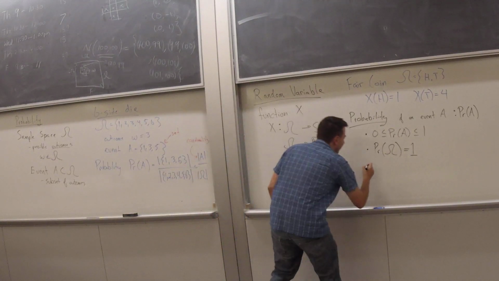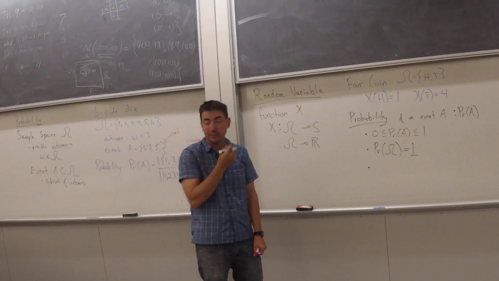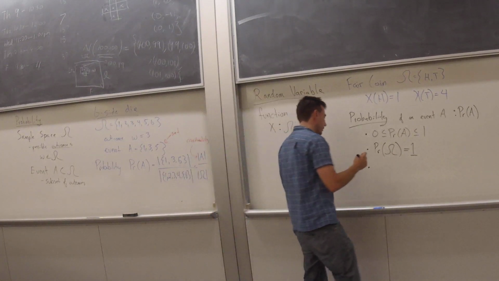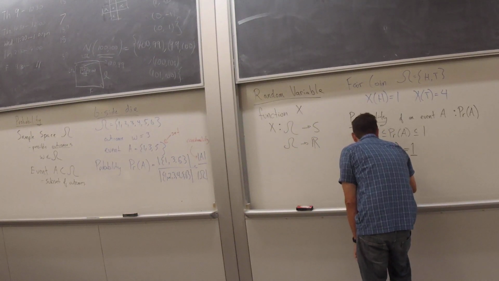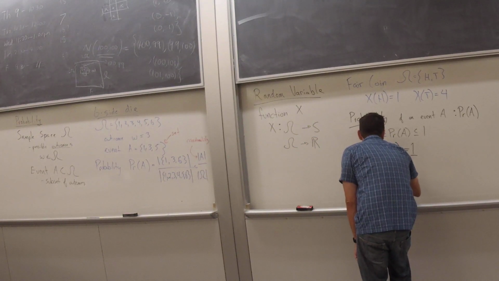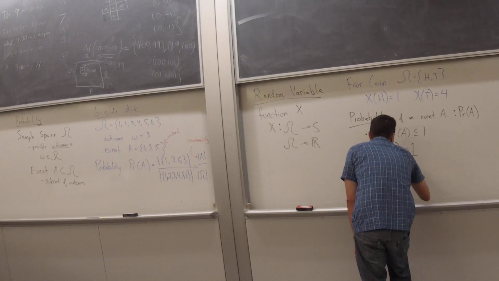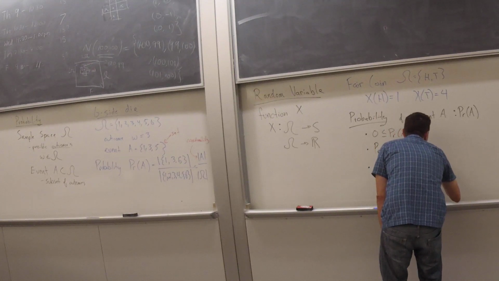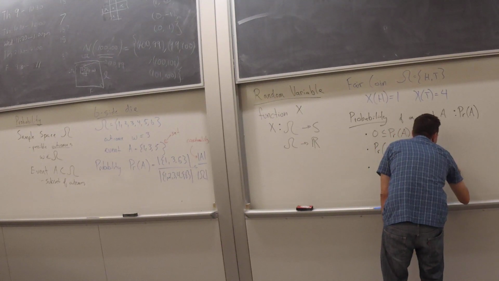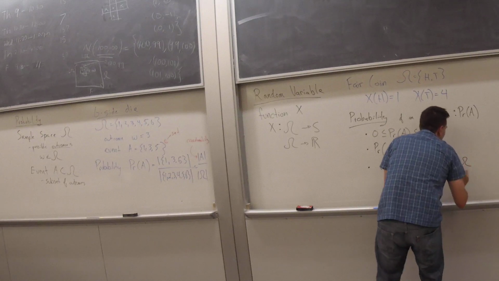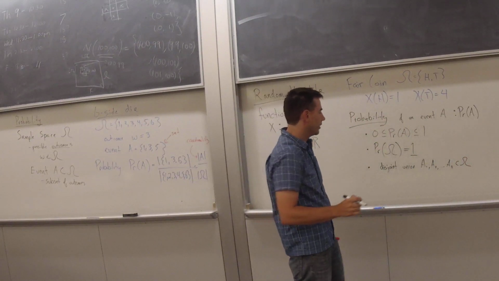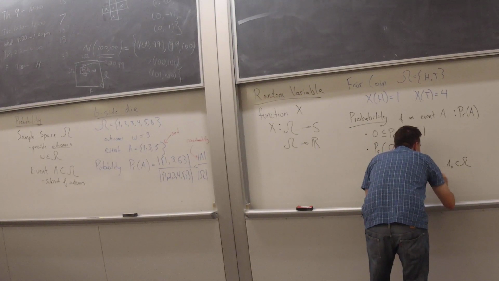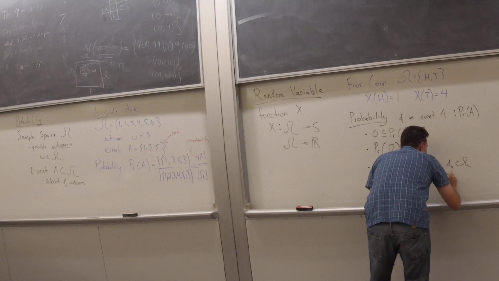Okay, and then there's this third condition that you need to build. You can break down an outcome into disjoint pieces. So let's say I have a disjoint union A1, A2 up to AK, and these are subsets of the sample space, so that Ai intersect Aj is equal to the empty set.